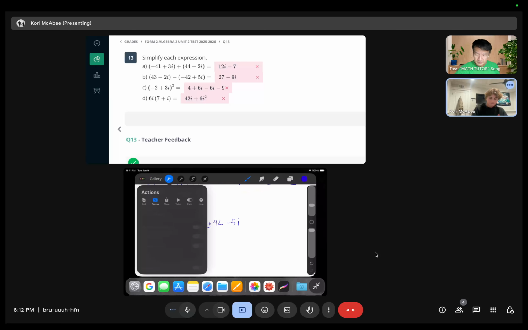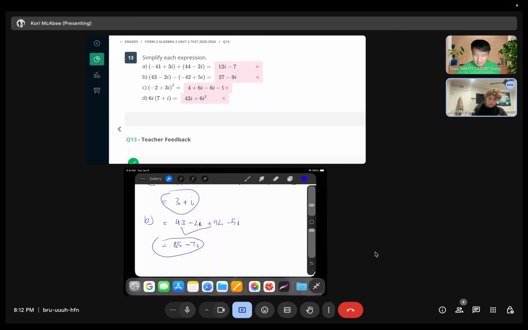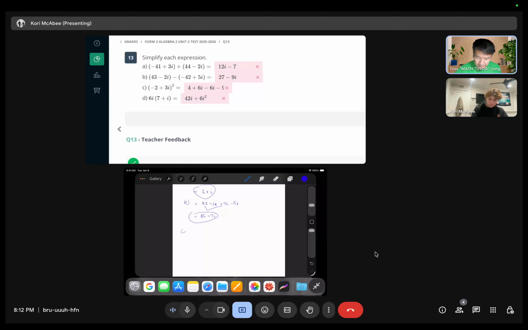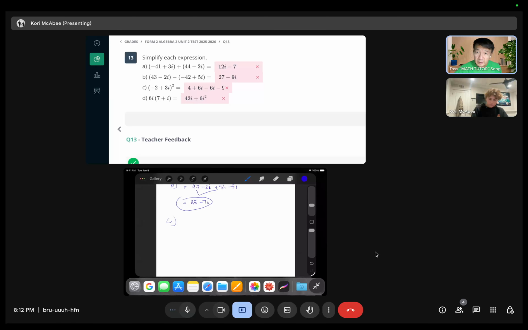Okay, C. This one, you'll have to FOIL it. So next step, write the expansion of that because it's squared. I can tell you attempted it, but let's see it again.